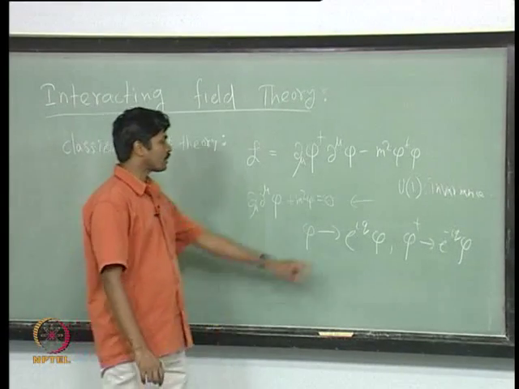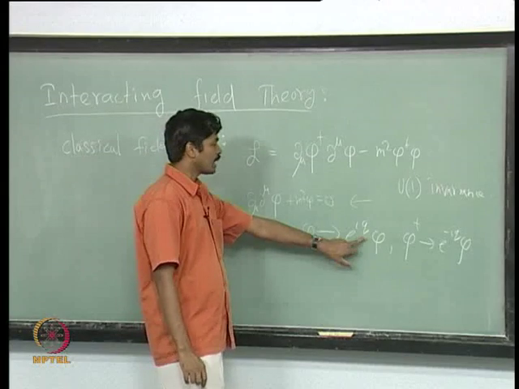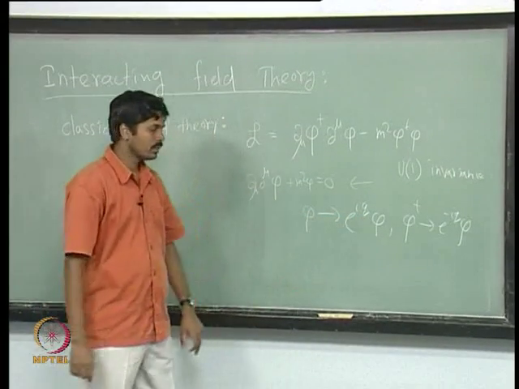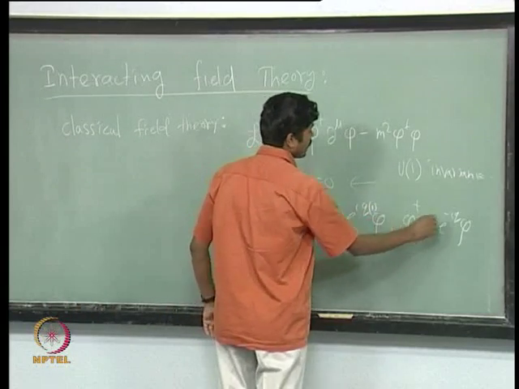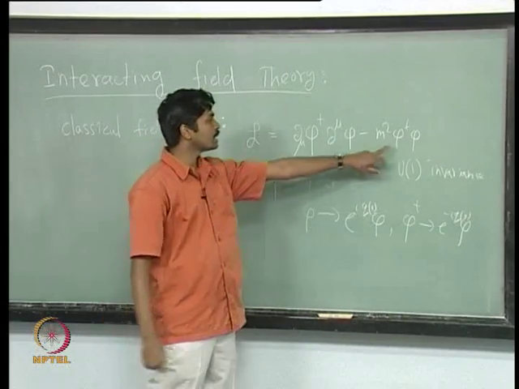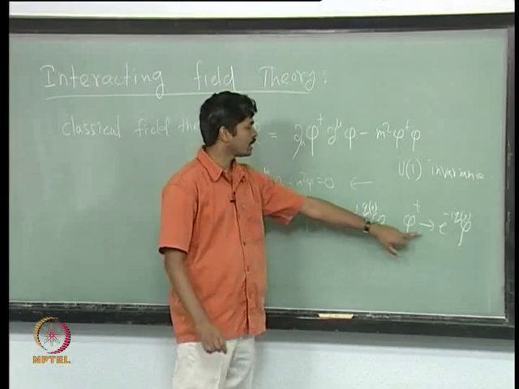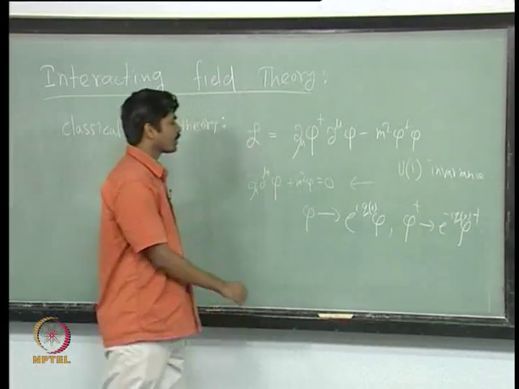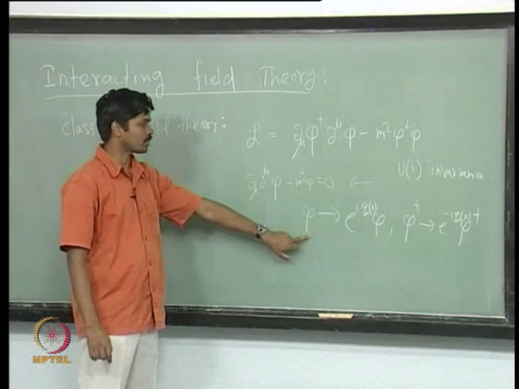So, one natural question that you might ask is, what will happen when you make this parameter q spacetime dependent? When you make it spacetime dependent, then you notice that the second term here is invariant under such a transformation. It is very trivial, this is phi dagger phi here. However, the first term is not invariant under such a transformation.